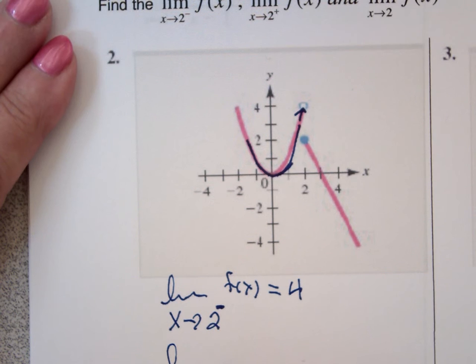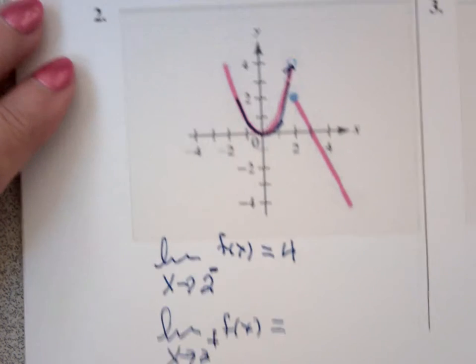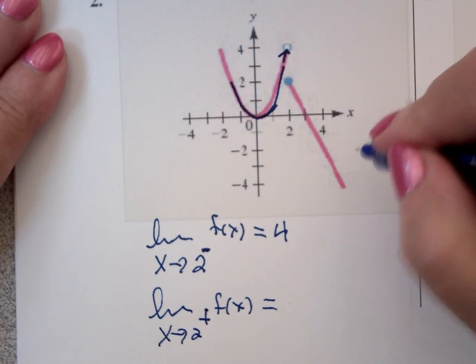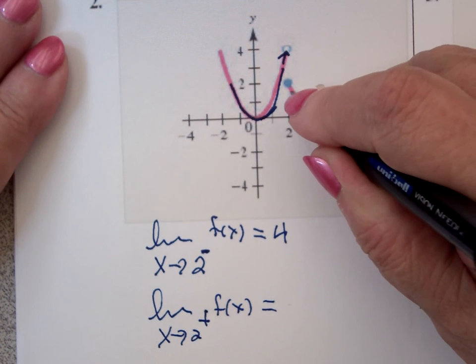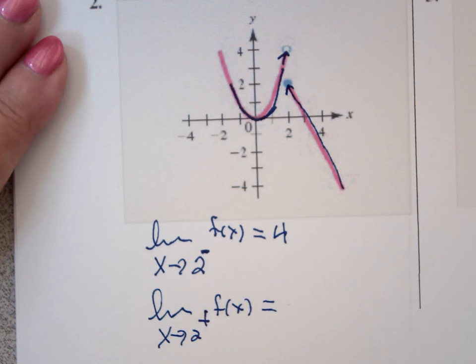And then if I take the limit as x approaches 2 from the right of f of x, that's Harriet. She's out enjoying her walk, la la la la la, and Harriet ends up where? At 2.